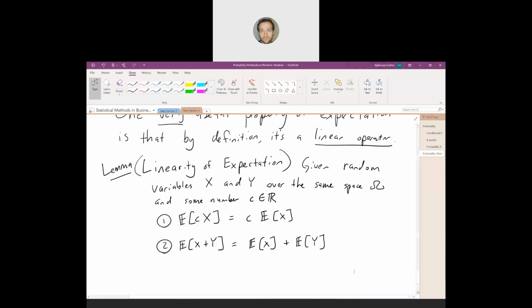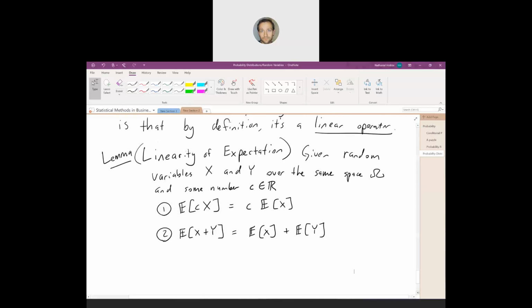And one very cool thing is that, note, this is always true, no matter the relationship between x and y.